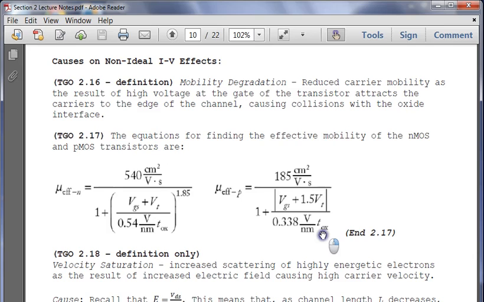These are the equations that are presented in your textbook and in a technical paper. In case you're wondering how they figured that out, through simulation.